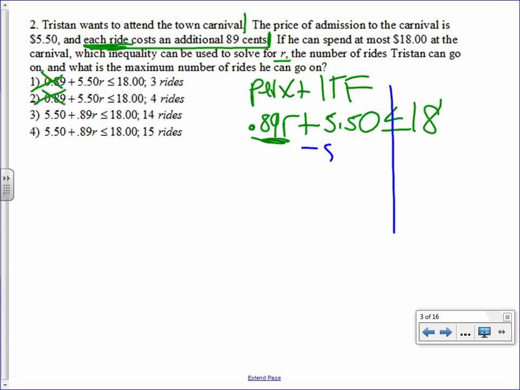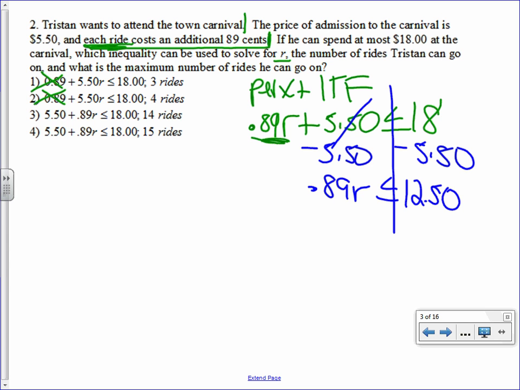Well, I should probably go get my calculator. I get 0.89 R is less than or equal to 12.50. Divide by 0.89. R is less than or equal to 12.50 divided by 0.89.